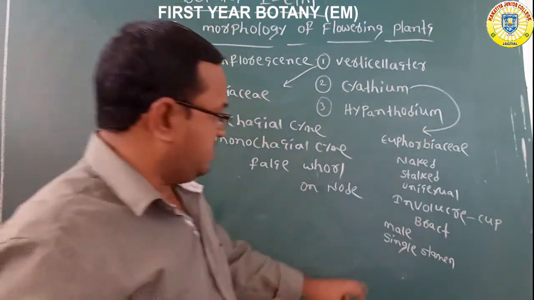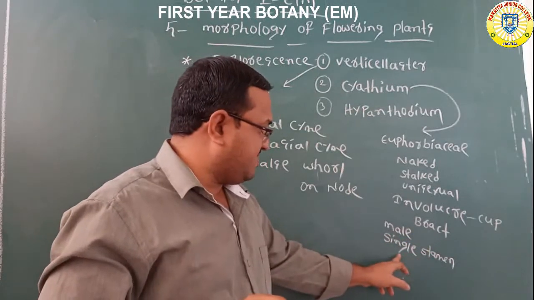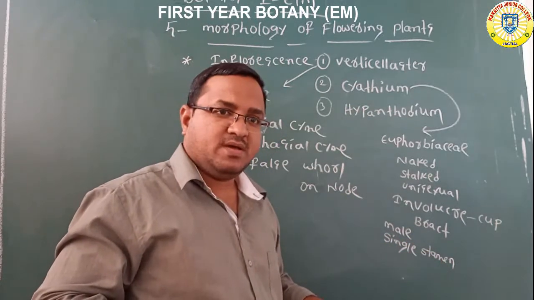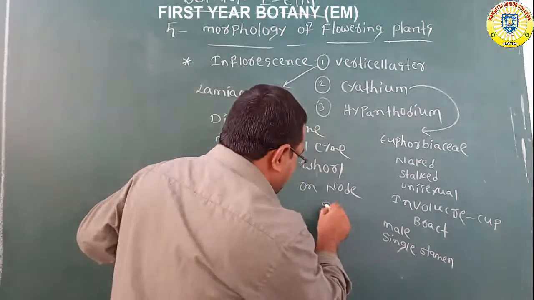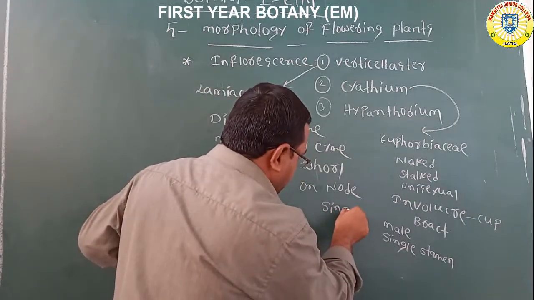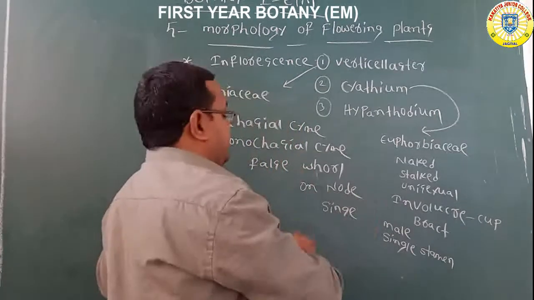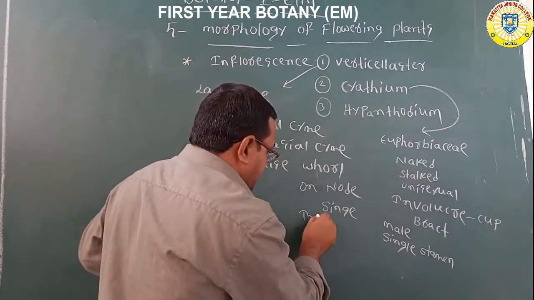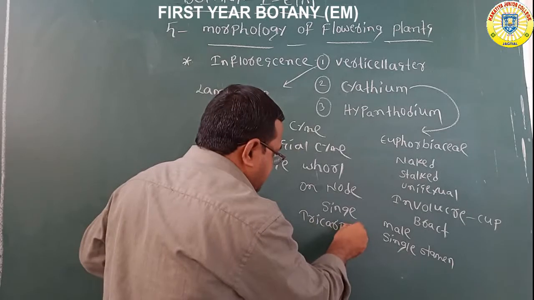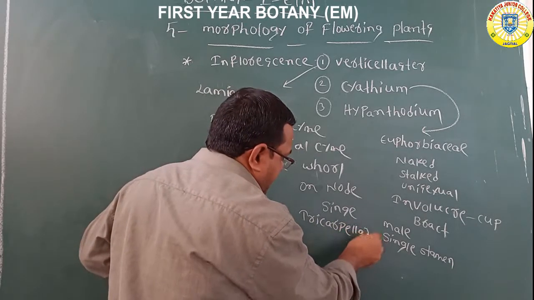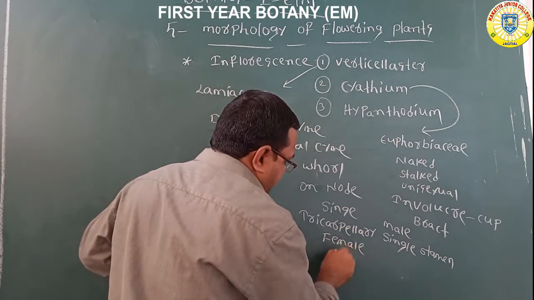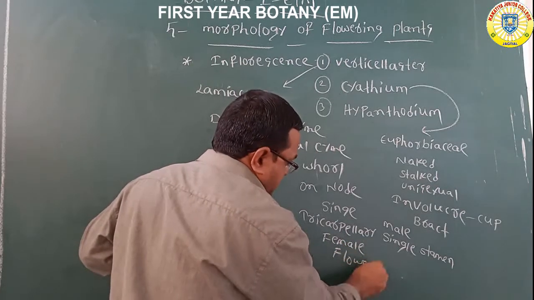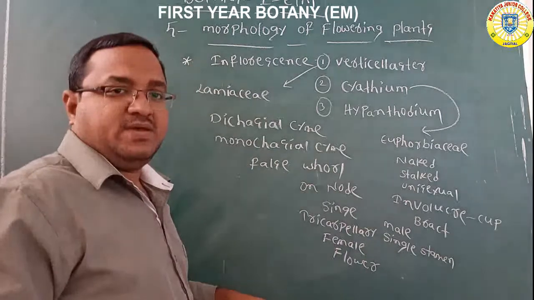Each male flower is represented with a single stamen. These male flowers are surrounded by a single tricarpellary female flower.